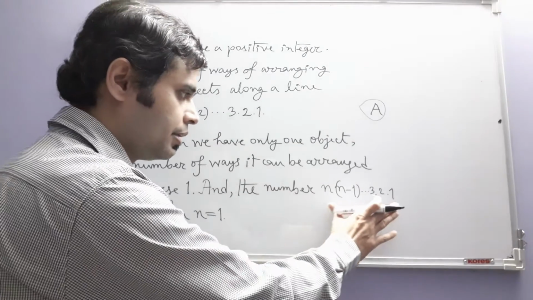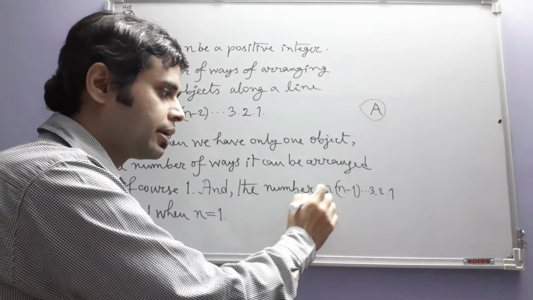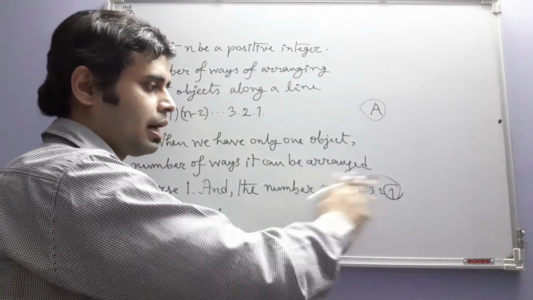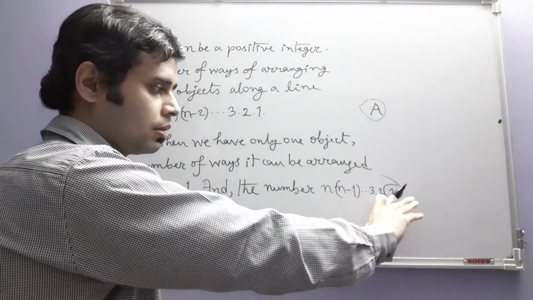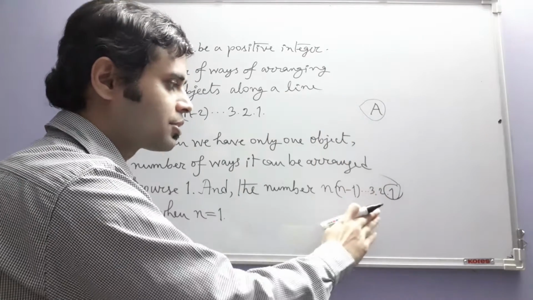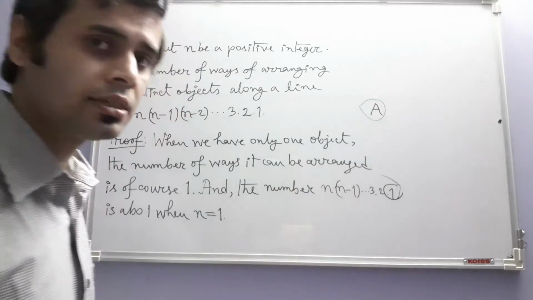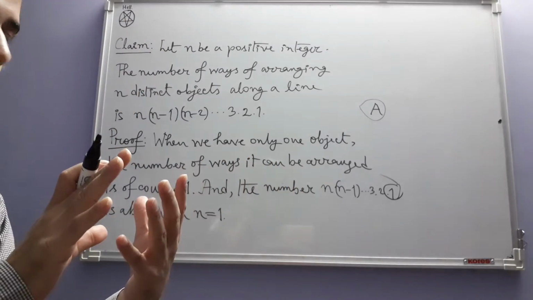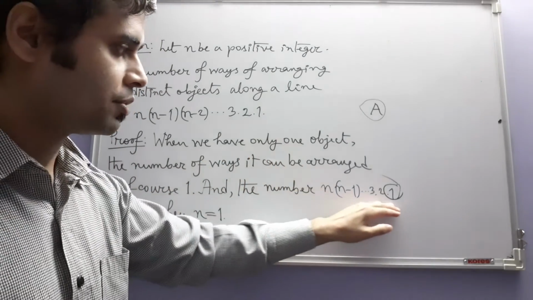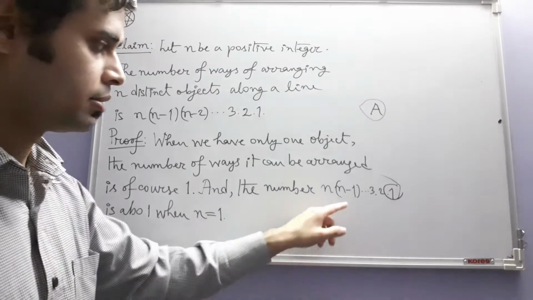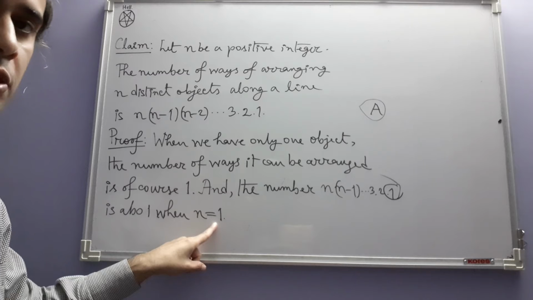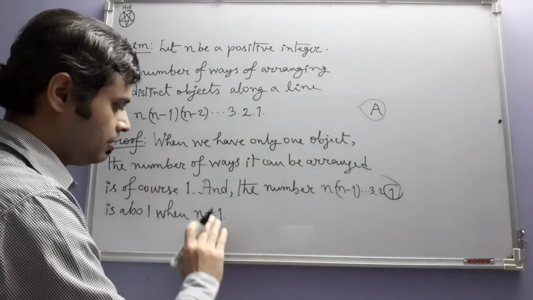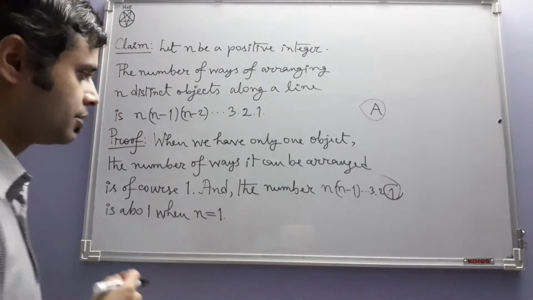But that's not the case. In this type of product, you should understand that the product starts from here. You can of course write it the other way, 1, 2, 3, etc., going up to n, but it starts from 1 and it reaches n. In between 1 and n, all the positive integers have to be taken and their product is considered. Now, since here n itself is 1, in this product there is only one factor, which is 1. So that's why this product is 1 when n is equal to 1.